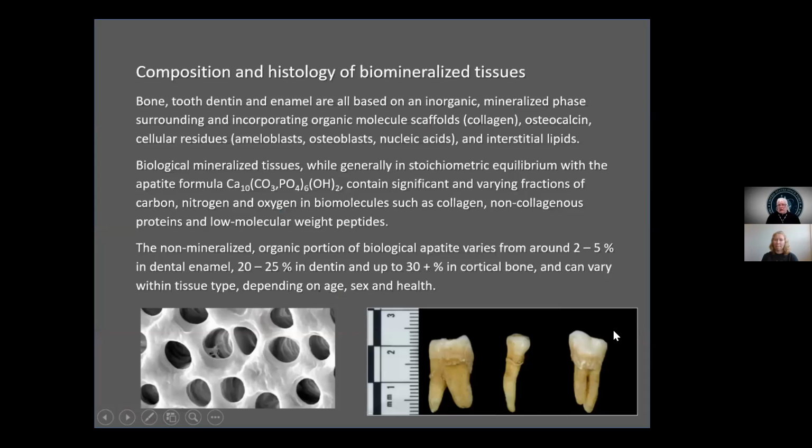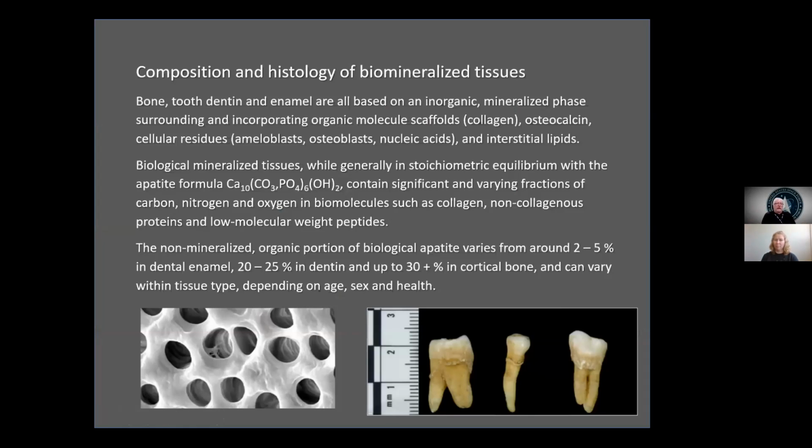So just briefly, and I'm not going to go into this in any great detail, biomineralized tissues, such as bone and tooth dentin and enamel, are all based upon an inorganic mineralized structure. It is modally what we call calcium hydroxyapatite, and the formula for it is there if you want to know what that is. It also includes the residues of the formation process, the ameloblasts and osteoblasts, which are the bone and enamel forming cells.